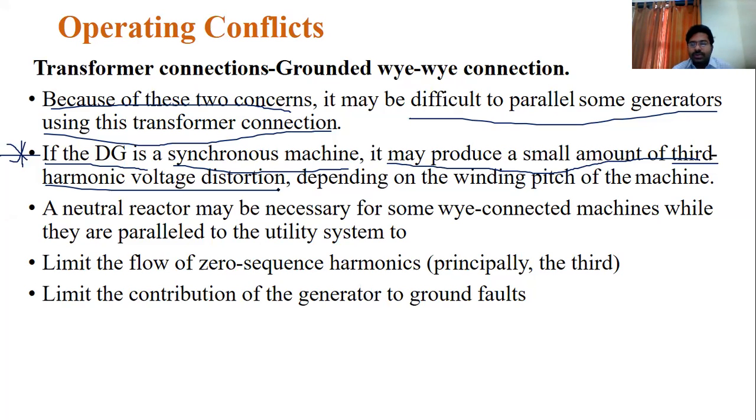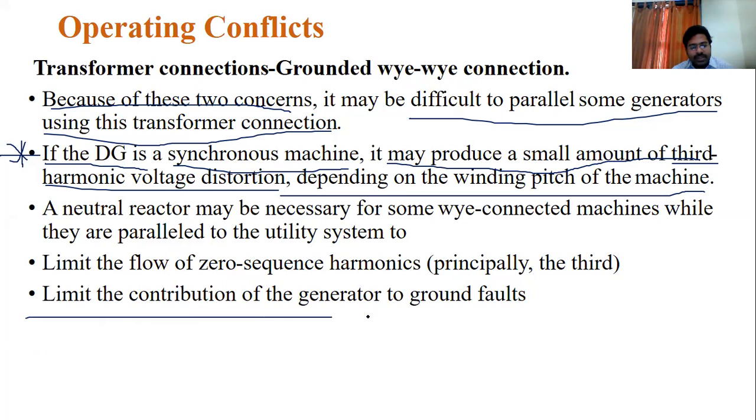A third order harmonic, you know that compared to all other harmonics, the third order harmonic will greatly damage the systems. So to reduce that, for the transformer connections, we also take two-thirds connections and maintain the pitch factors and other things, to limit the contribution of the generator to ground faults.